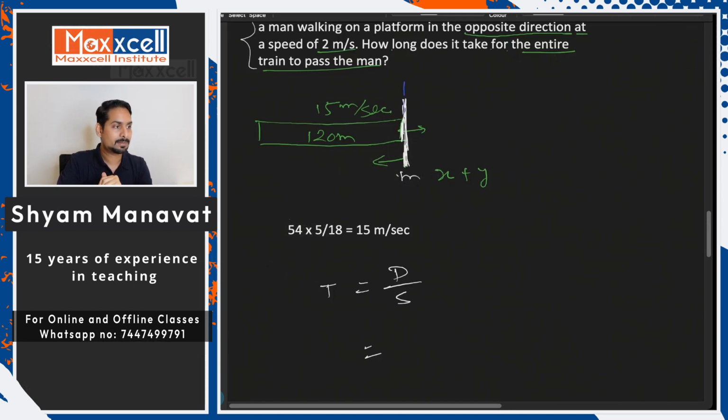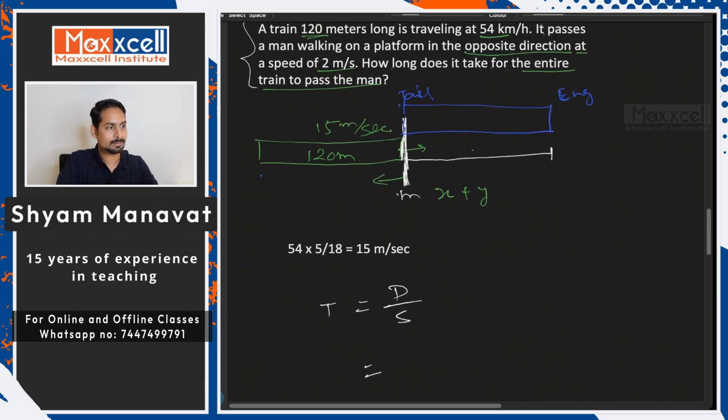It will be something like this, where this man will be at the tail. So this is the engine and this is the tail, right? Again you can see the train has to cover this much distance, which is nothing but equal to the length of the train.